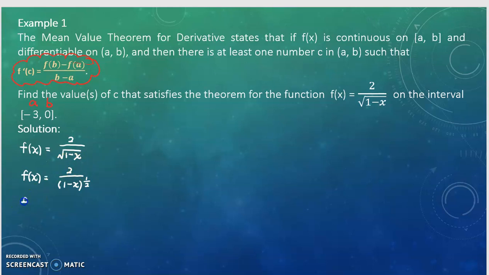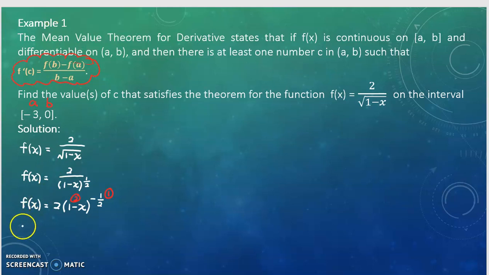So my f(x) will be equal to 2 multiplied by (1 minus x) to the power of -1 over 2. Since the numerator is a constant, we can use this form. First, I will differentiate the index. Second, I will differentiate the bracket.